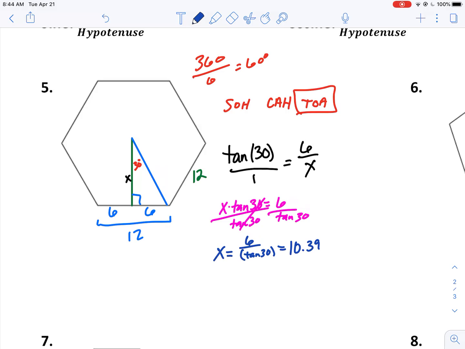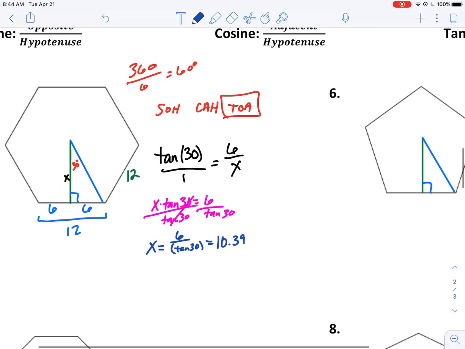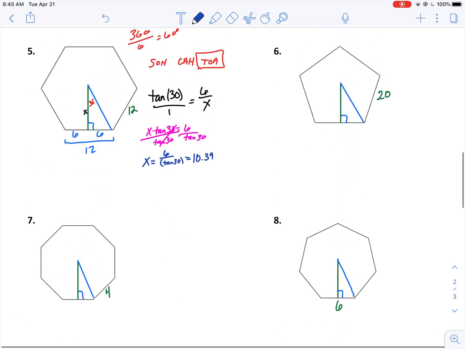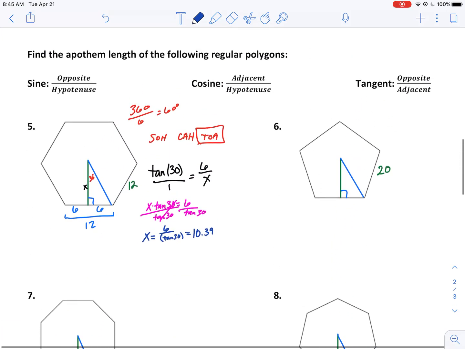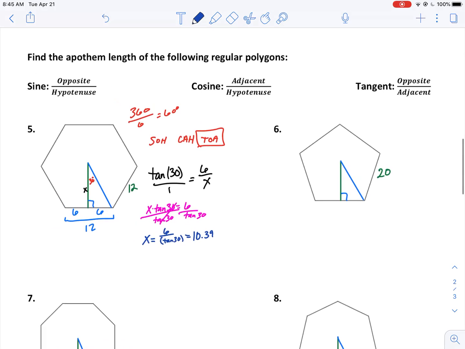Make sure you're in degree mode. And you'll get x is 10.39.